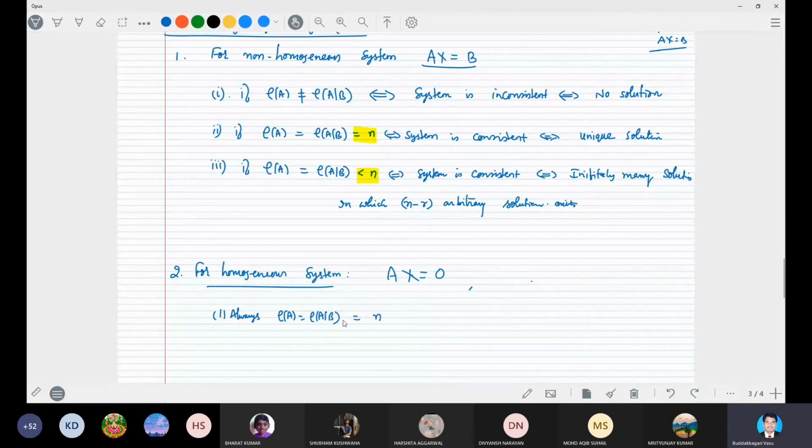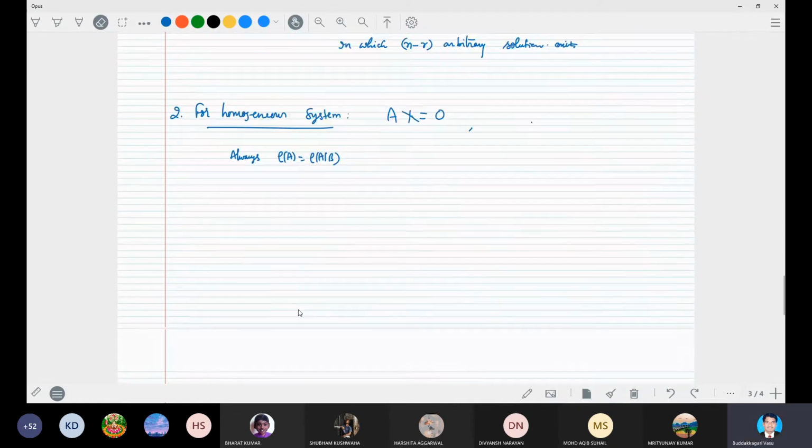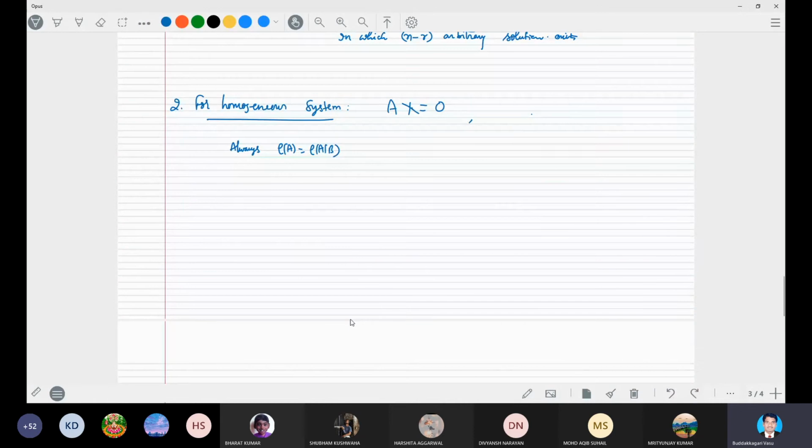So the first point considered: rank of A is equal to rank of AB, say equal to r.